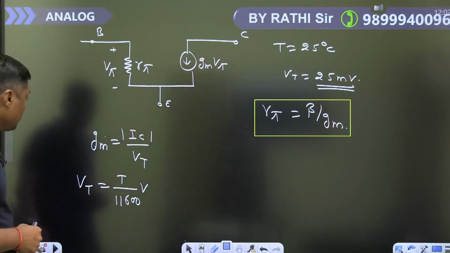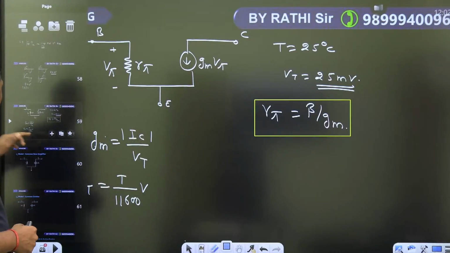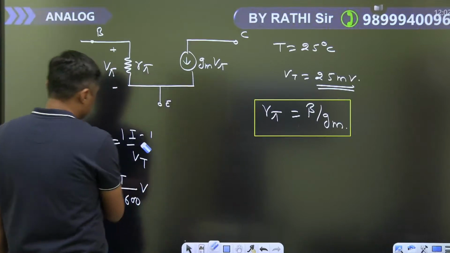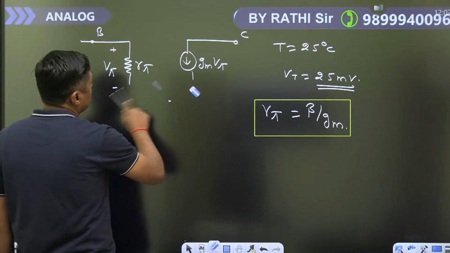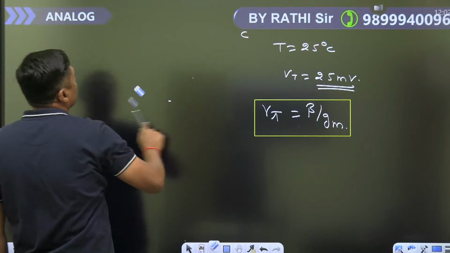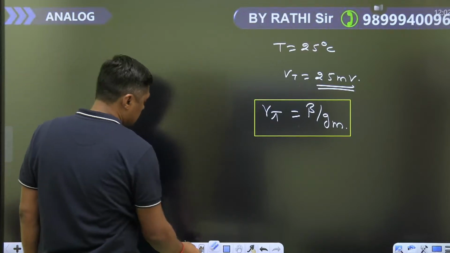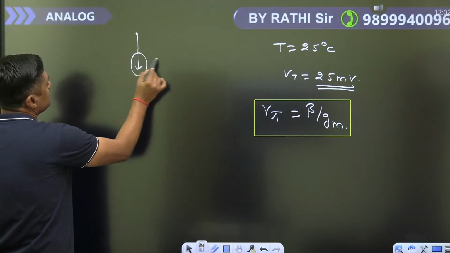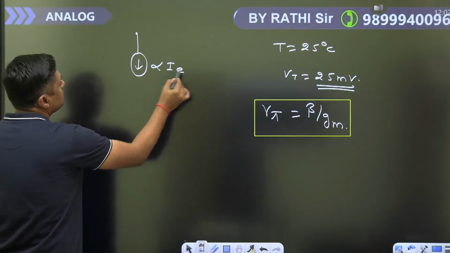Similarly, we have a different model. The second model is the RE model. What is the RE model? Like this. Alpha IE.